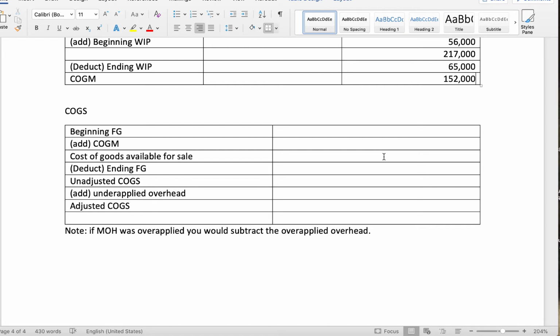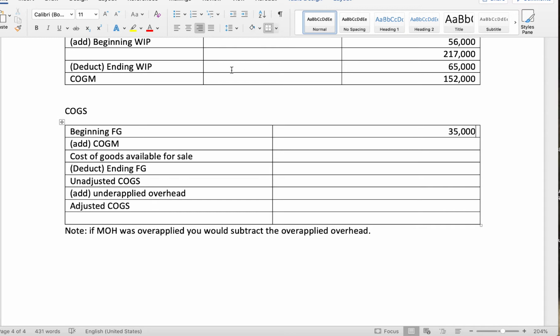Very easy. What's my beginning balance of finished goods? The beginning balance of finished goods is $35,000. So right here, I'm going to plug in my $35,000.